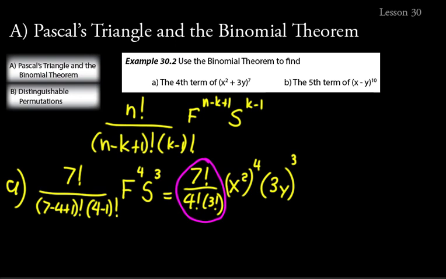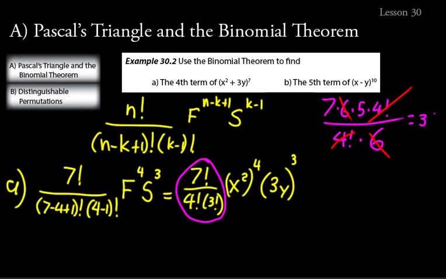There are different ways that you can deal with all of these factorials. You can break them down and say 7 times 6 times 5 times 4 factorial over 4 factorial times 3 factorial, which actually that's just 6, right? It's 3 times 2 times 1 is 6, and you can see the 6's would cancel, the 4 factorials would cancel, you're left with 7 times 5 is 35 over 1 is 35. So you can do it that way if you want to, but sometimes if there are a lot bigger numbers than that, then just go ahead and get your calculator out and use your factorial button.